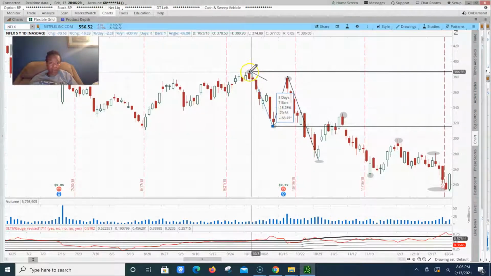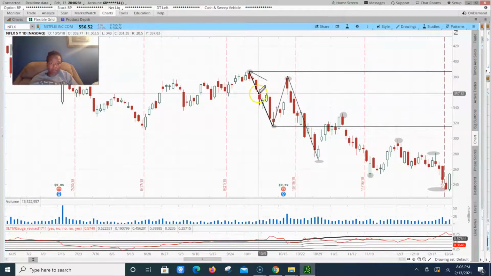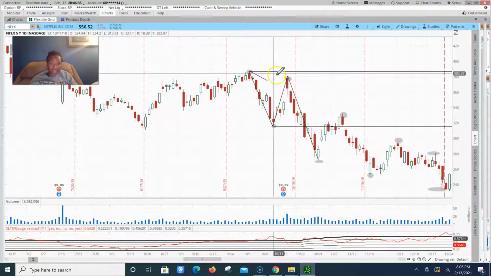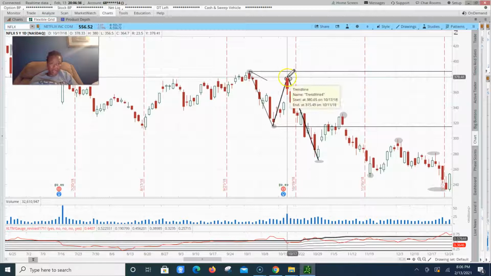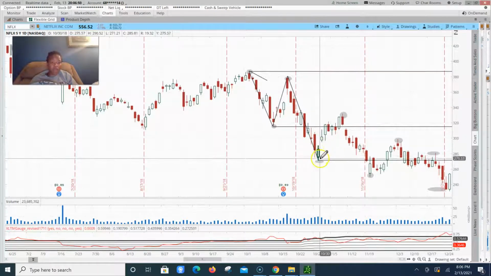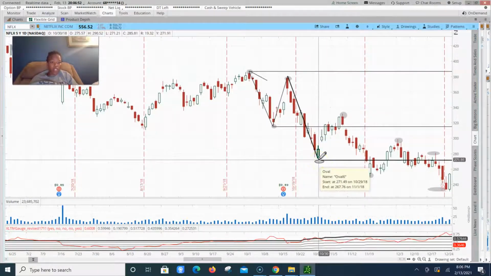If you look right here, this was my highest, then my lower high, and then I'm waiting for the price to cross over this point. When price crosses over that point, I know for a fact it is going lower.